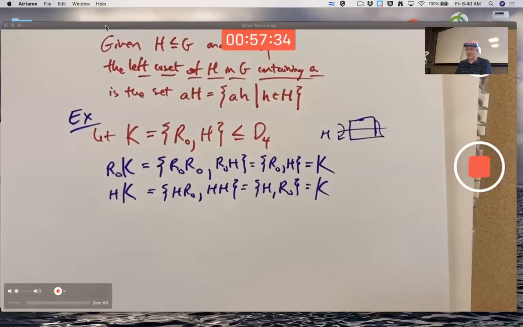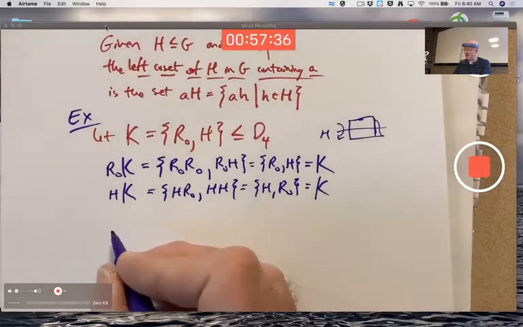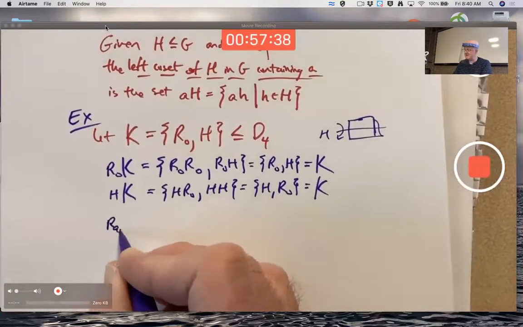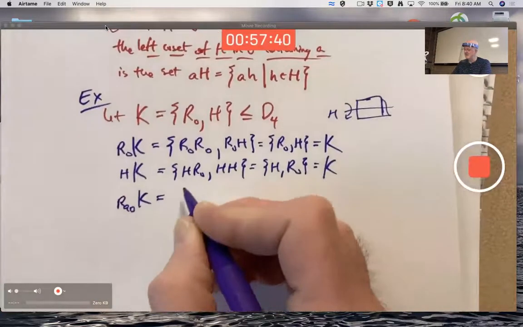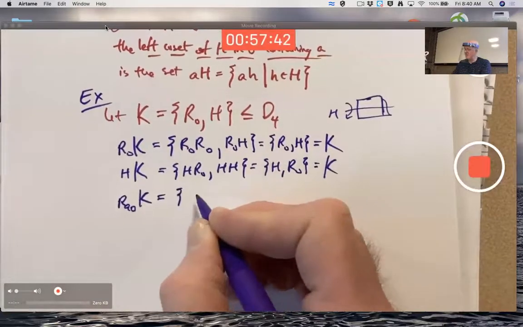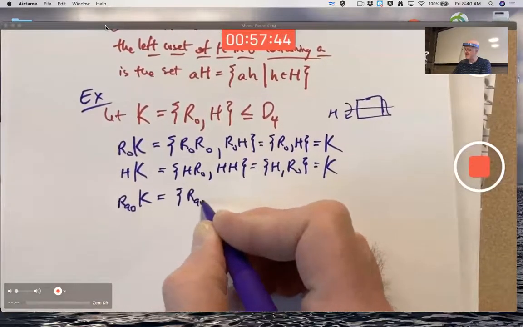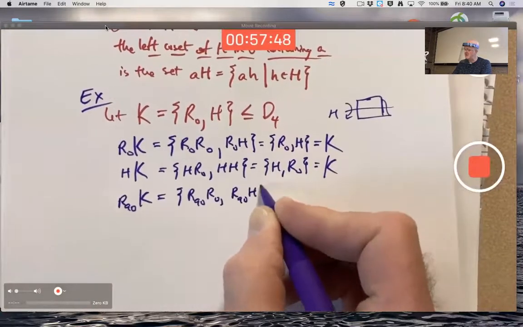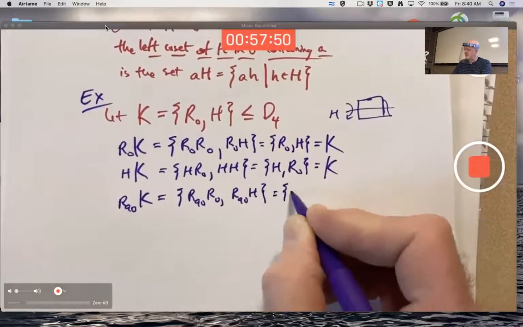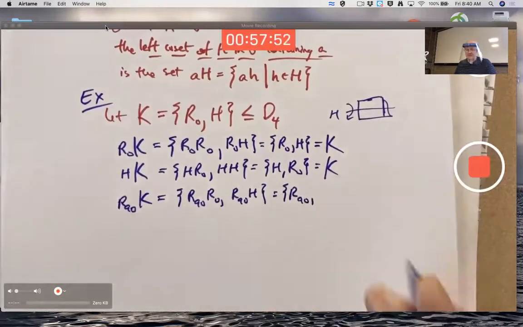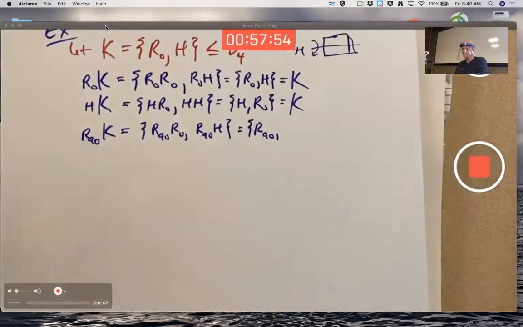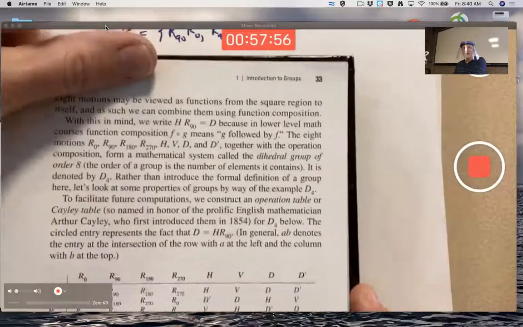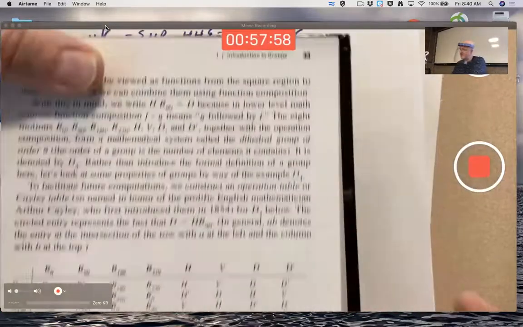All right, well, what about something else? What about R90K? Take the elements of K and multiply on the left by R90. R90 R0 and R90 H, giving us a set R90, comma, what's the other one? Go to the Cayley table. R90 composed with H is what I'm after here.